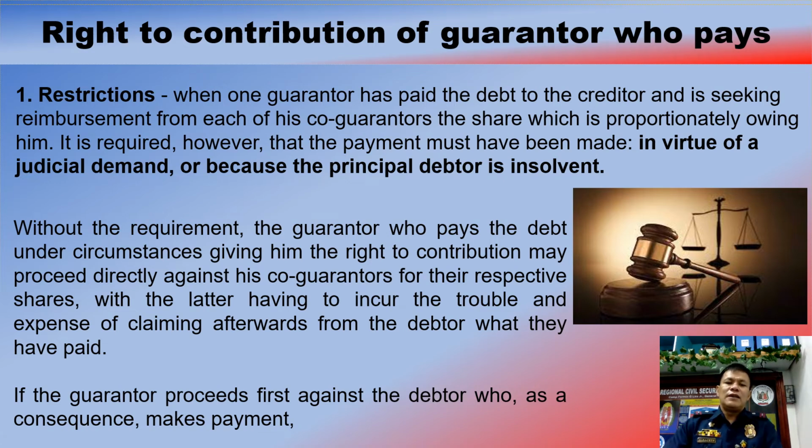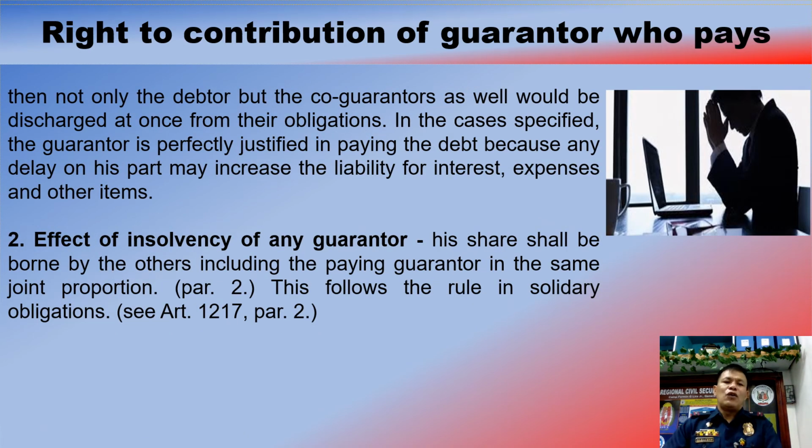On the other hand, if the guarantor proceed first against the debtor, who, as a consequence, makes payment, not only the debtor but the co-guarantor as well would be discharged at once from their obligations. In the cases specified, the guarantor is perfectly justified in paying the debt because any delay on his part may increase the liability for interest, expenses, and other items. 2.